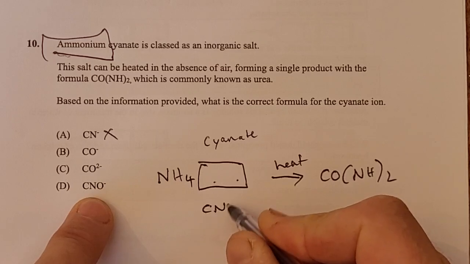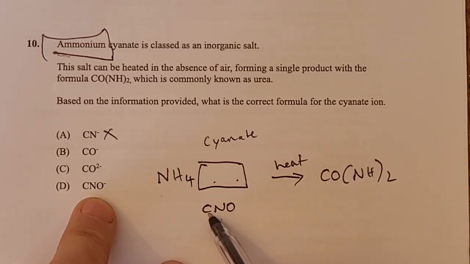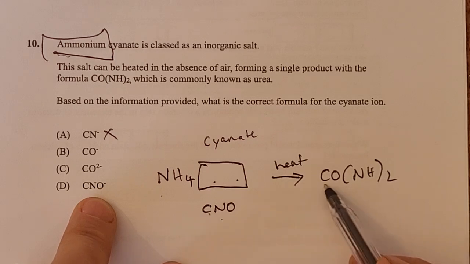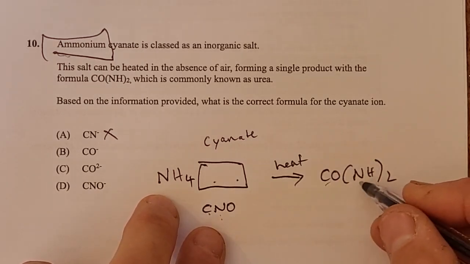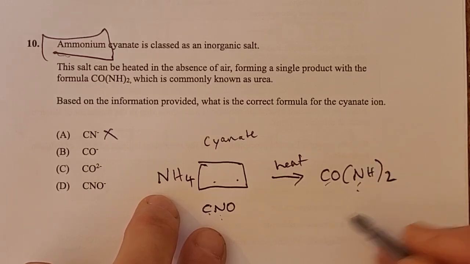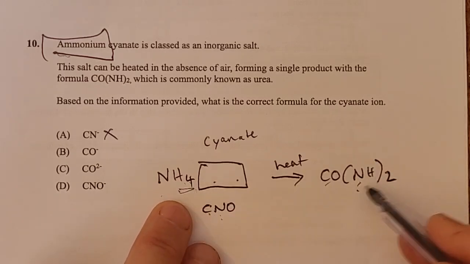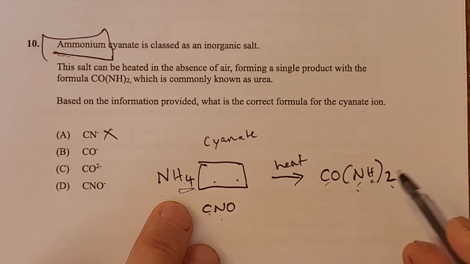Let's just try C and O. So does it balance? C is a 1, N is 2. So there's 2 here, and 4H, 2 times 2 times that.